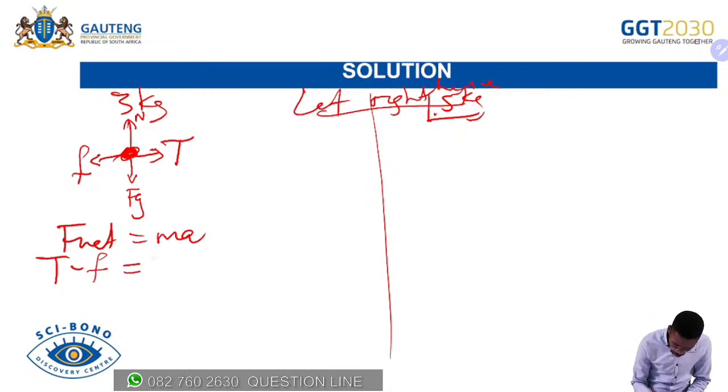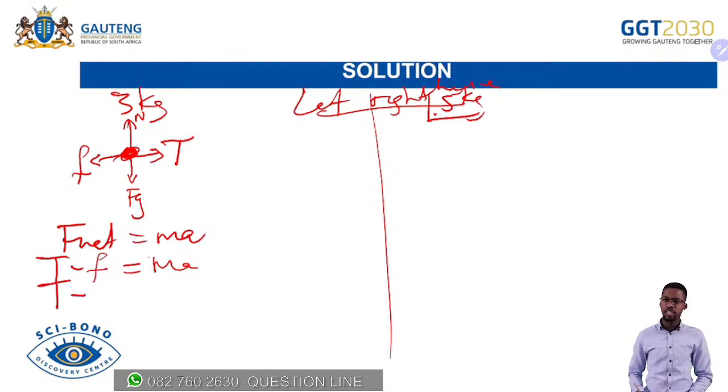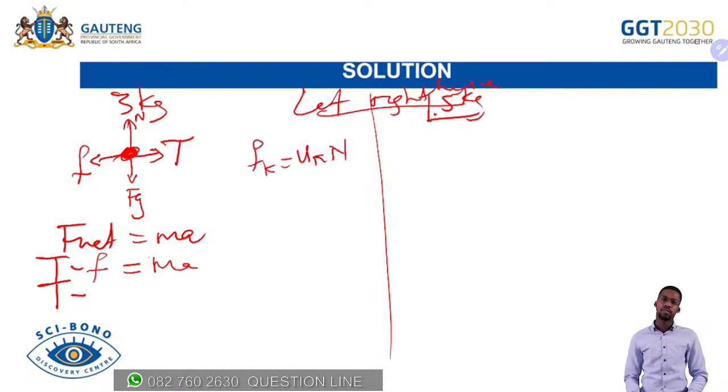Is equal to, what is your mass? It's 3, and we want acceleration. We don't know what our tension is, but we can find frictional force, where kinetic friction is equal to μk multiplied by normal force.